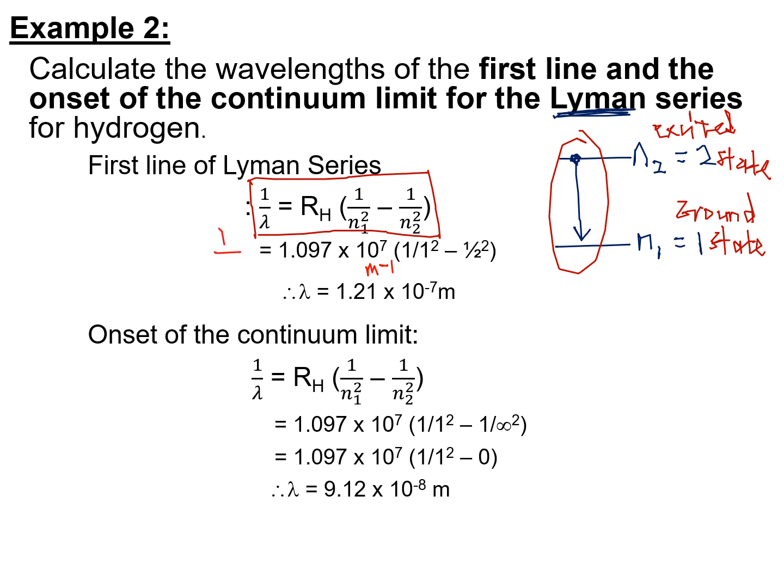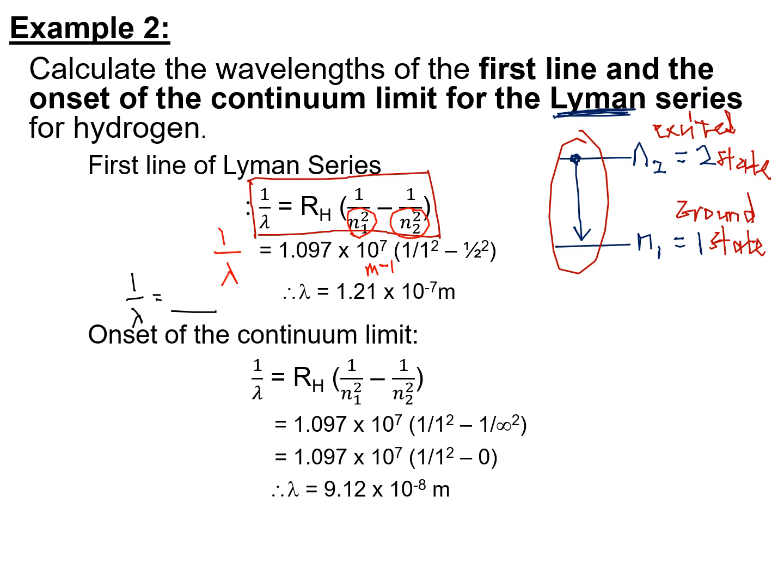Kan sebab 1 over lambda. And you masukkan n1 untuk Lyman series, the ground state is equals to 1. Okay. n2 adalah electron at excited state equals to 2. Kalau let's say first line, mestilah the first excited state electron kan, which is 2. Okay, so sekarang ni bila you calculate, you akan dapat jawapan you in 1 over lambda dahulu.